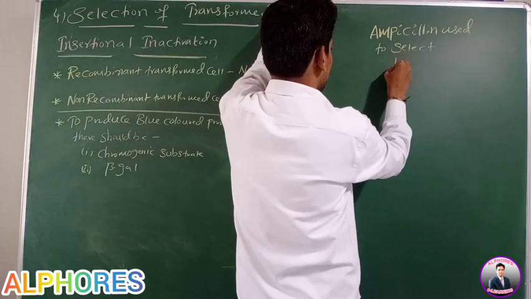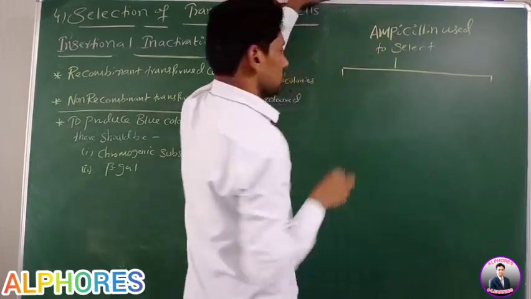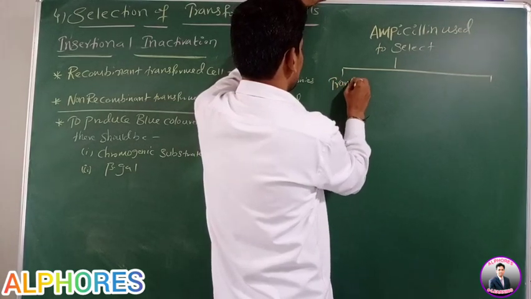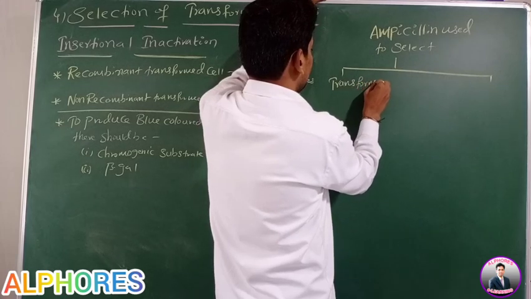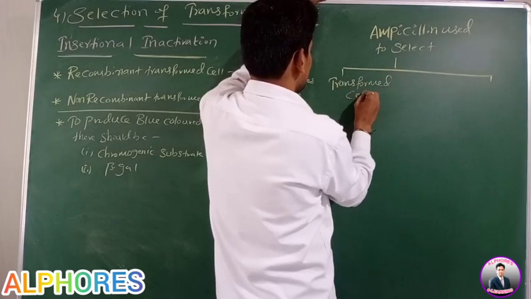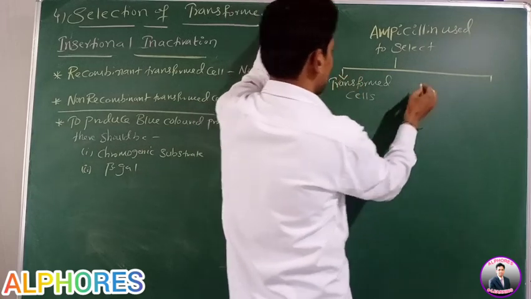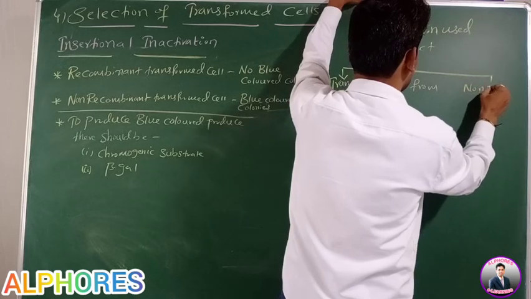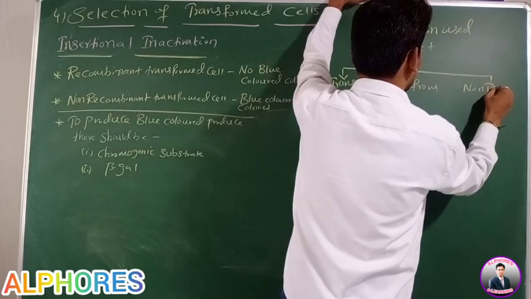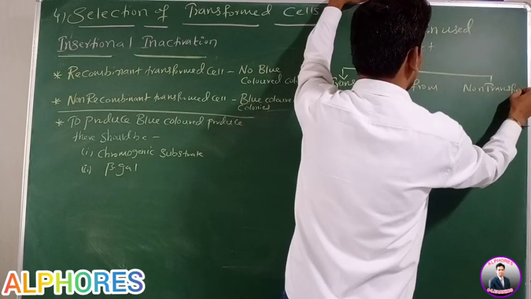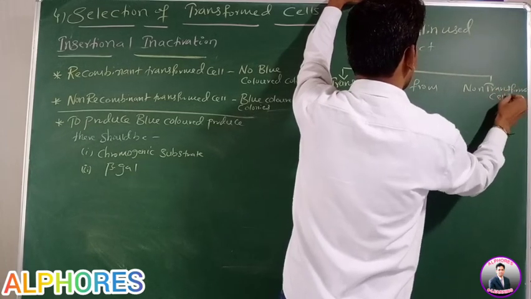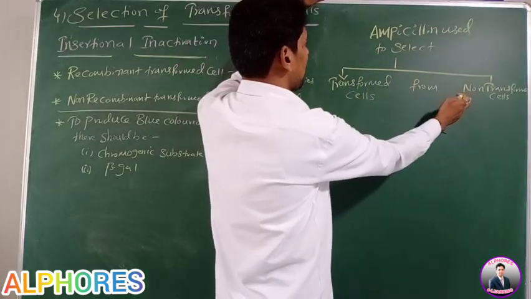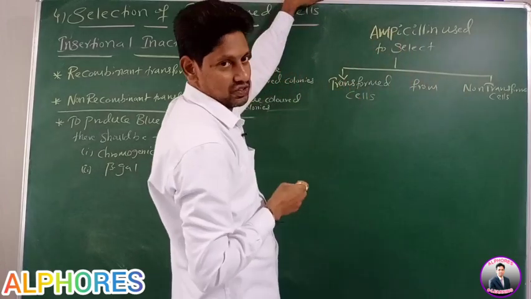To select transformed cells from non-transformed cells. Is this statement okay? Right? Therefore, to select transformed cells from non-transformed cells, what was used, sir? Ampicillin was used, sir. Okay.